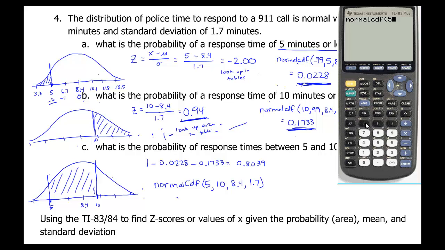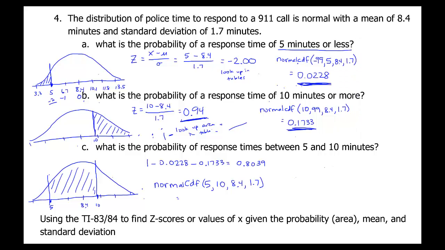So from 5 to 10. And we get 0.8039, same thing we just calculated. So either way you do that, you get the same answer.